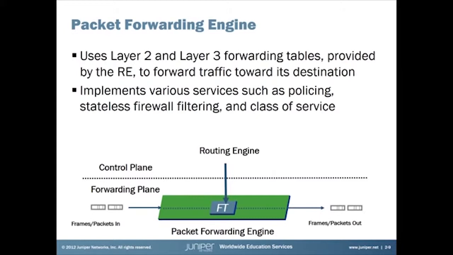So policing, stateless firewall filtering, and class of service. What is stateless firewall filtering? An example of that would be an access control list, like when we did access controllers in Cisco. That is a stateless firewall filter implemented down there.